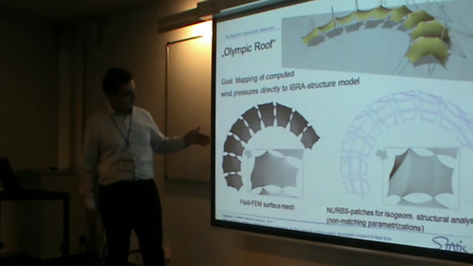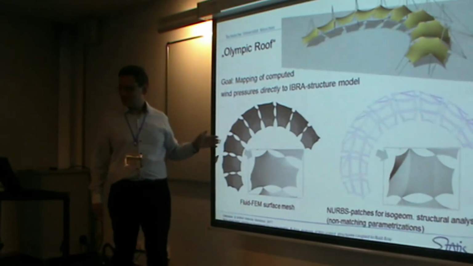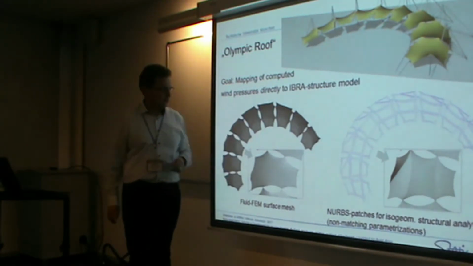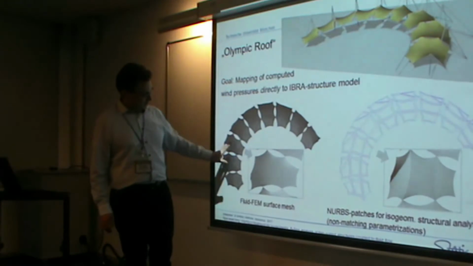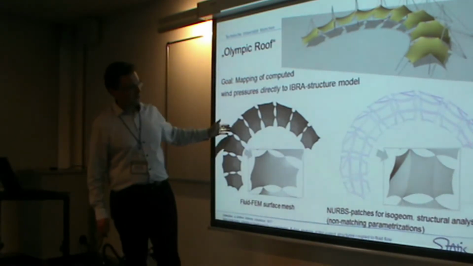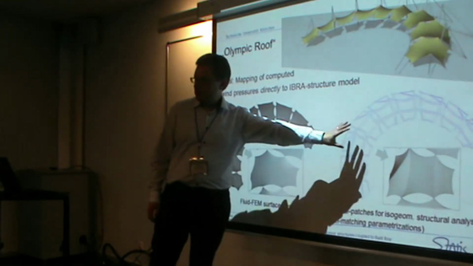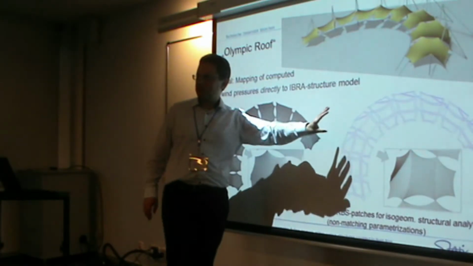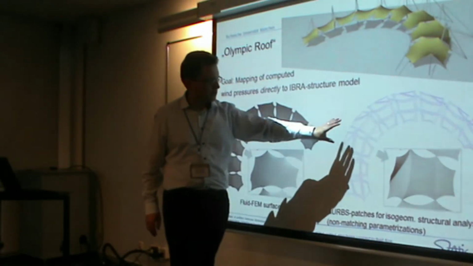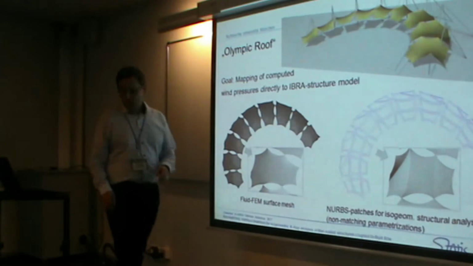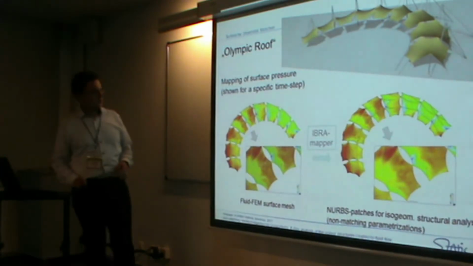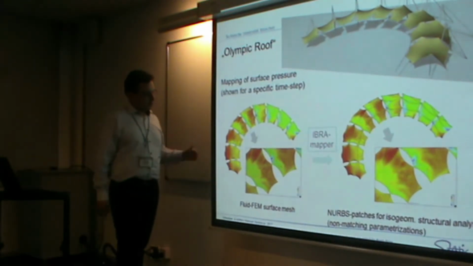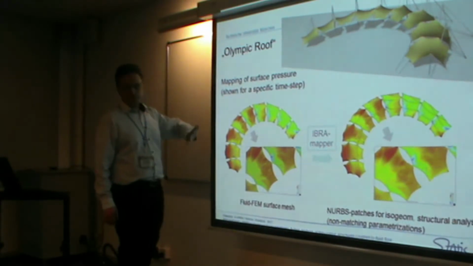As I said before, the fluid mesh is typically black. It's very fine, but this is not even the finest, what Philip told me. So here we have a flow coming from the left, and this is the computational mesh, so to say, of the isogeometric B-Rep analysis for the membranes. So, doing that for a certain specific moment in time, we have here a pressure map, which is very typical for wind loads.